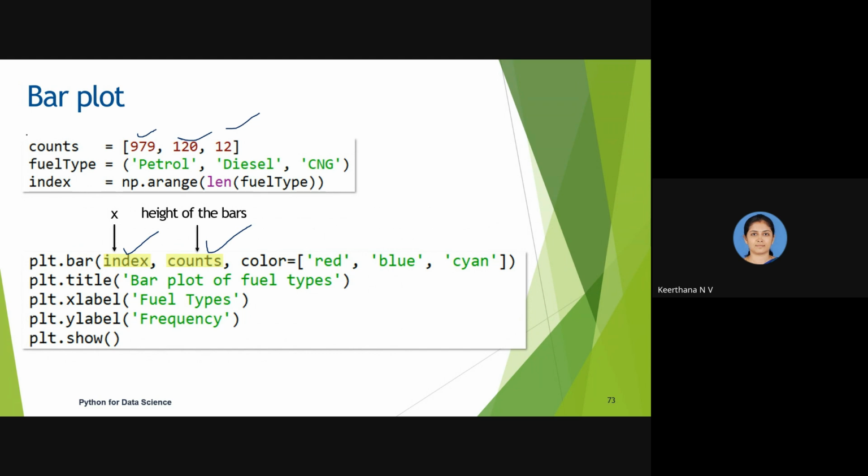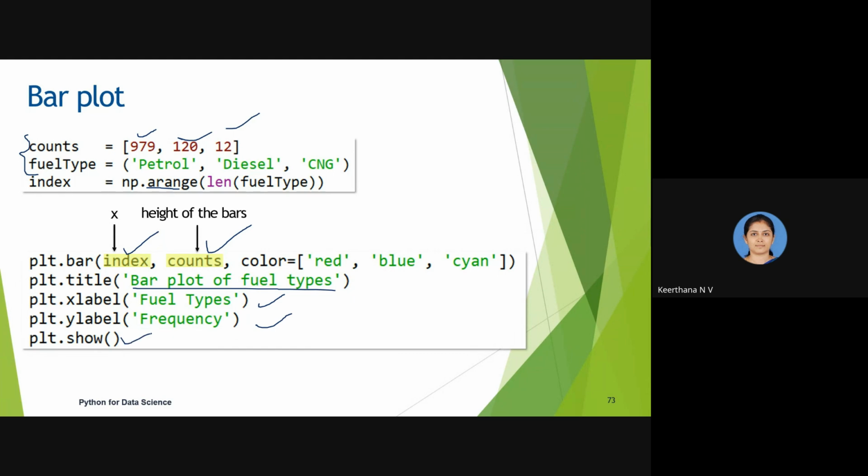I'm going to create a bar plot for these two, and I have to use the syntax np.arange. Arange means it will be arranging, according to the length of the fuel tank. My bar plot title is this, the x-axis title is this, and the y-axis title is this.